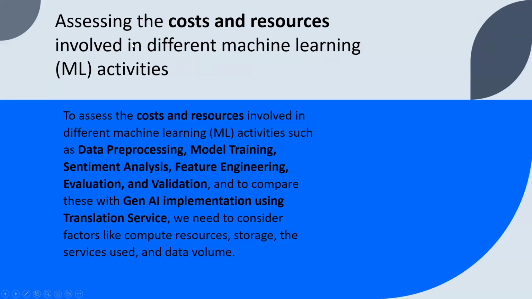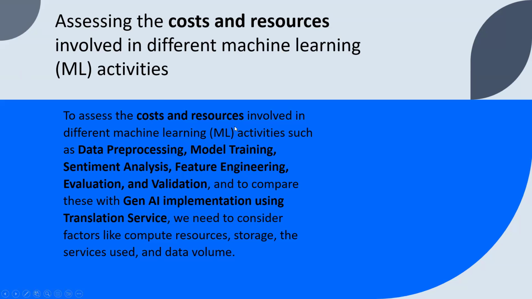Assessing the costs and resources involved in different machine learning activities. So to get a good idea of how much cost is involved, if we have to come up with a new model or customize a new ML model, we have to go through the costs and resources involved.